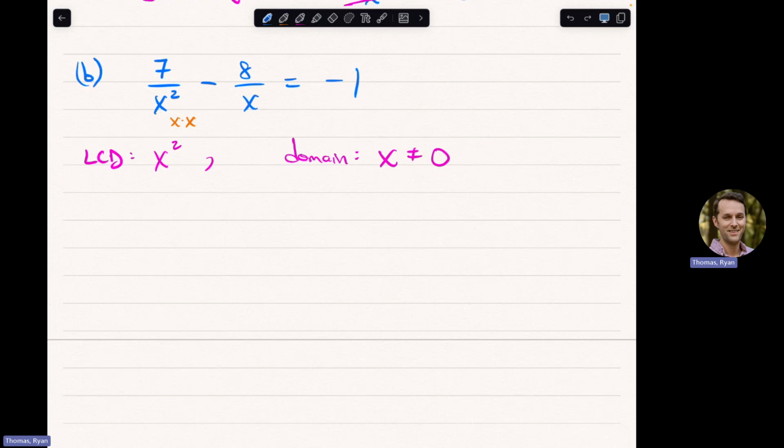Okay. Now what? Multiply the whole thing by x squared.